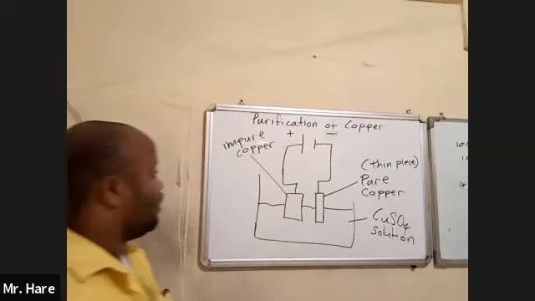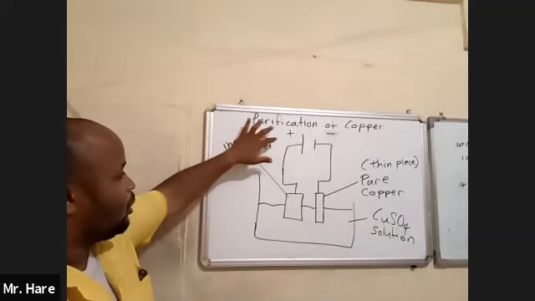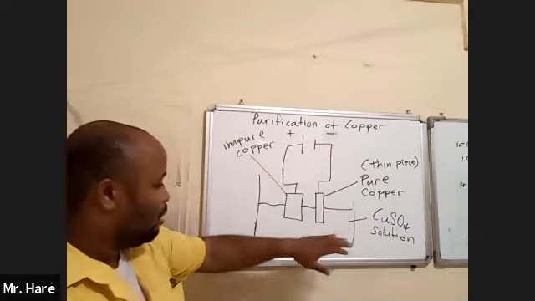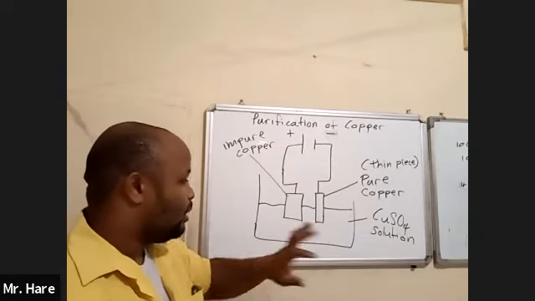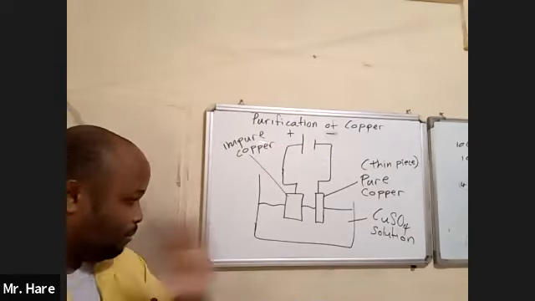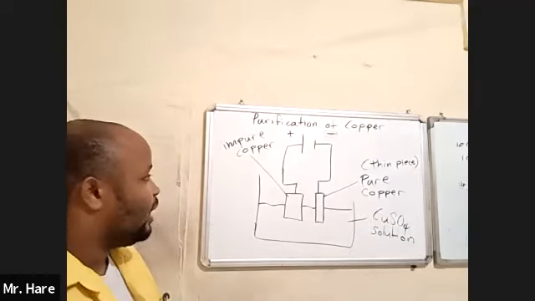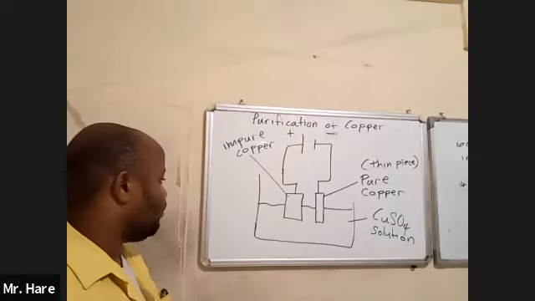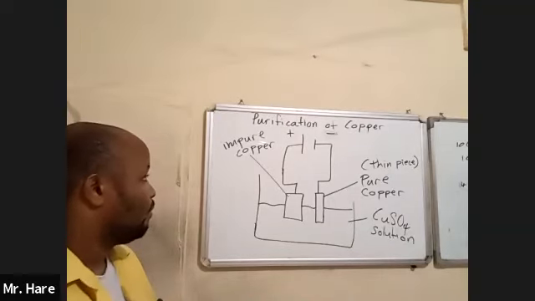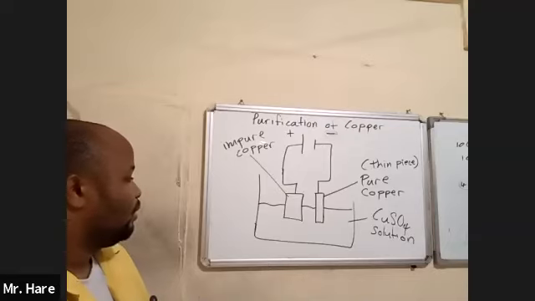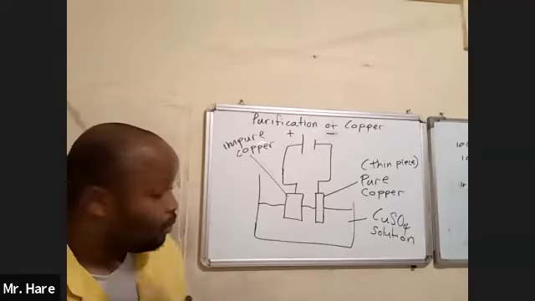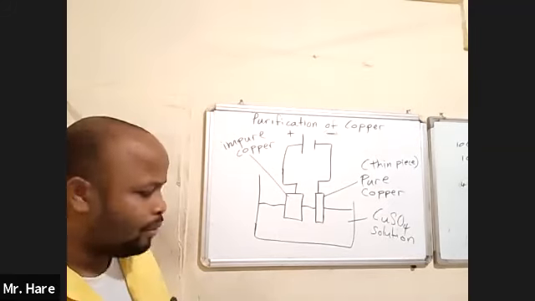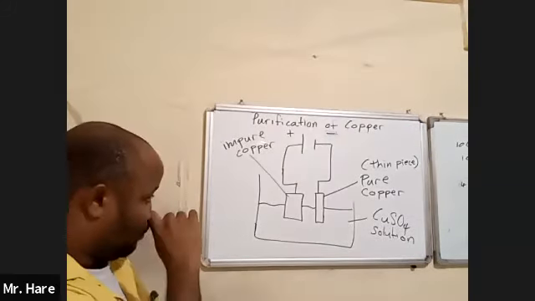All right. So impure copper goes to the anode, pure copper goes to the cathode. Copper sulfate solution is the electrolyte. What does it mean by impure copper?